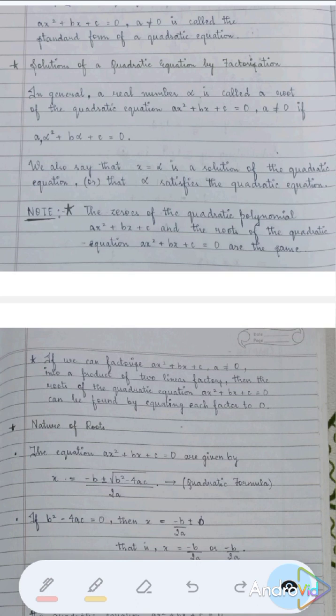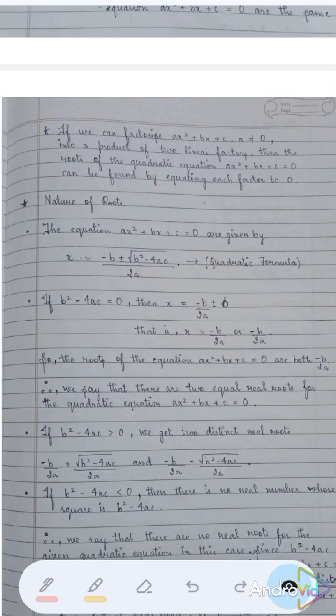We use the word zeros when we mention the expression as a polynomial, whereas we say roots for the same values which satisfy it when we write it as an equation. The second note is that if we can factorize ax square plus bx plus c, wherein a is not equal to 0, into a product of two linear factors, then the roots of the quadratic equation ax square plus bx plus c equal to 0 can be found by equating each factor to 0.